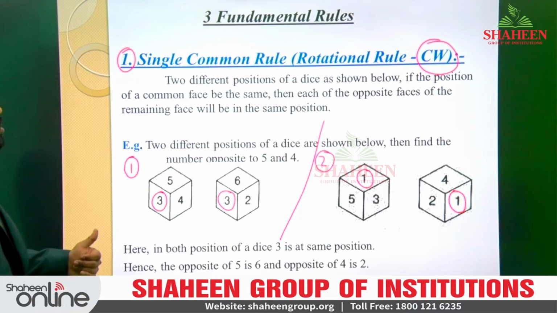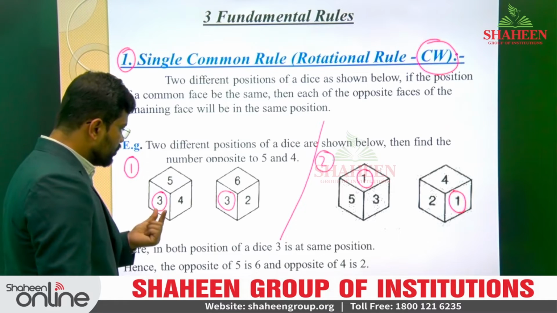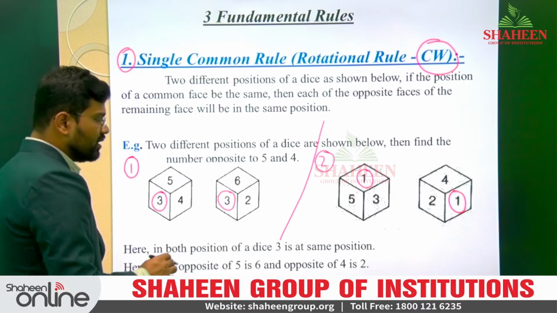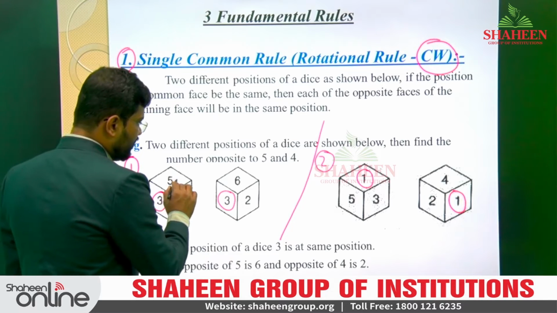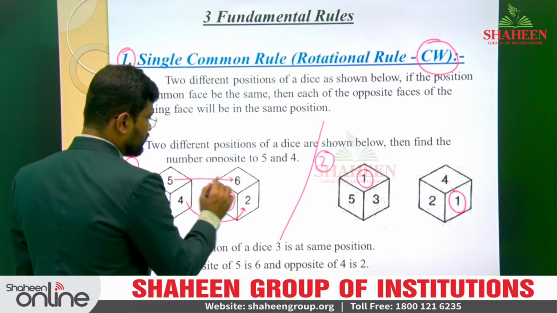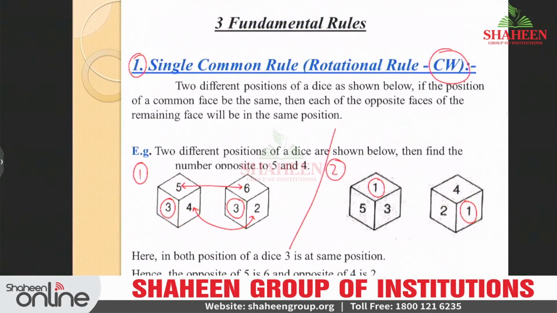Now how do we solve using the single common, that is, the rotational rule? In example 1, when the position of the common element in both the dice is the same, then the numbers which are left will come directly opposite to each other. 5 is opposite to 6 and 4 is opposite to 2. Simple trick, friends.